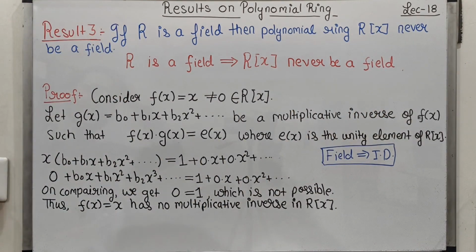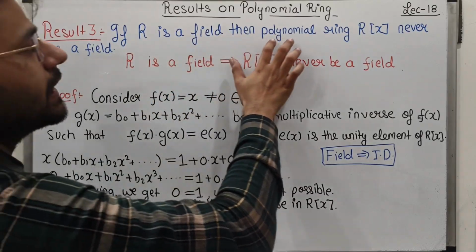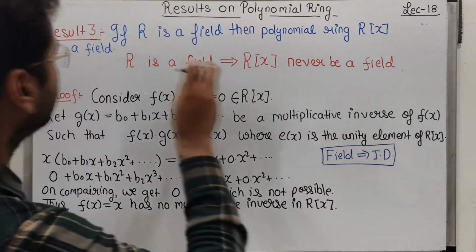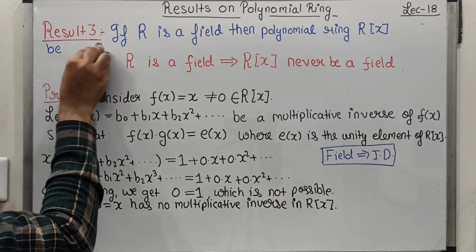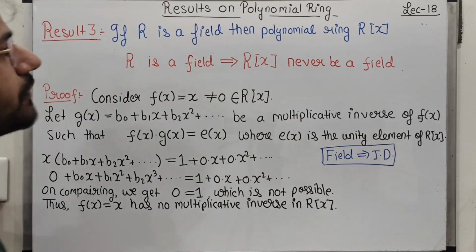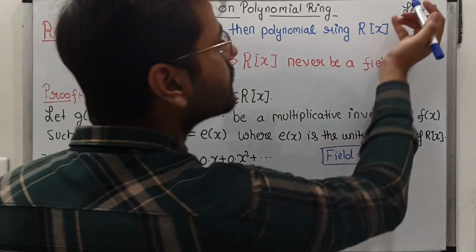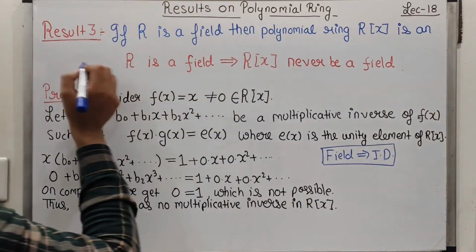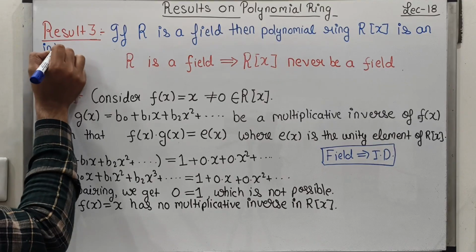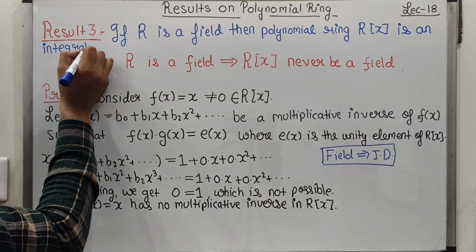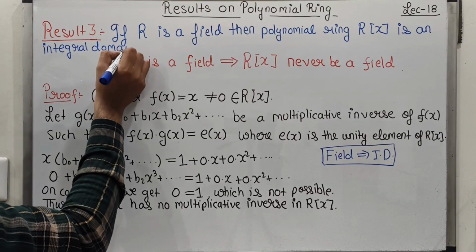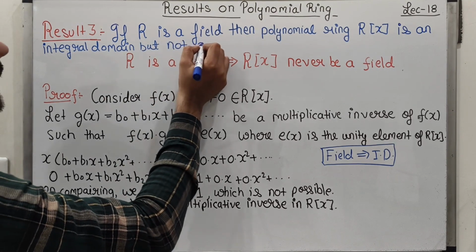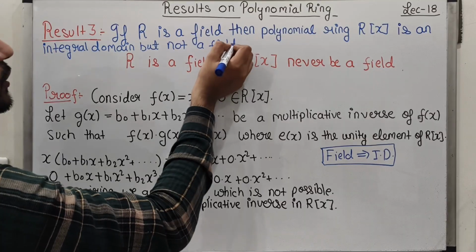So I can rewrite it in a different way so that it is easy for you to understand: if R is a field, then the polynomial ring R[x] is an integral domain, but not a field.